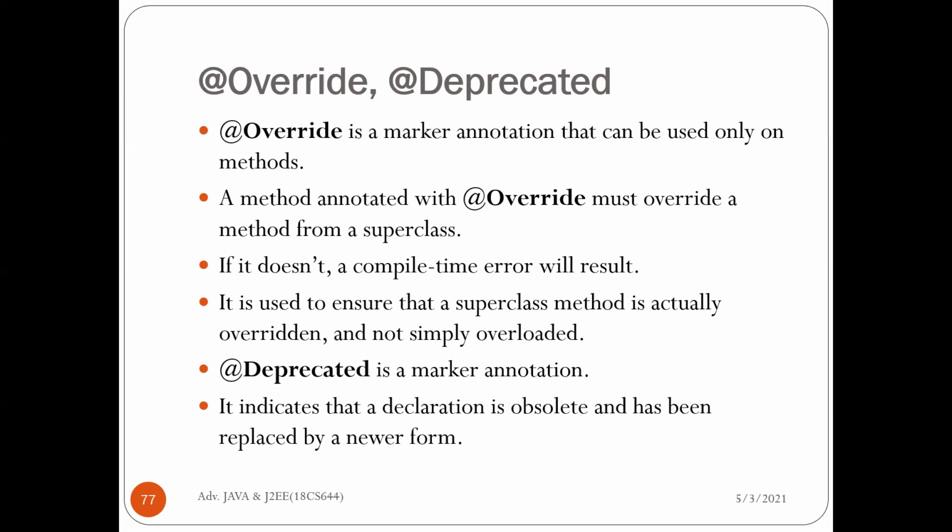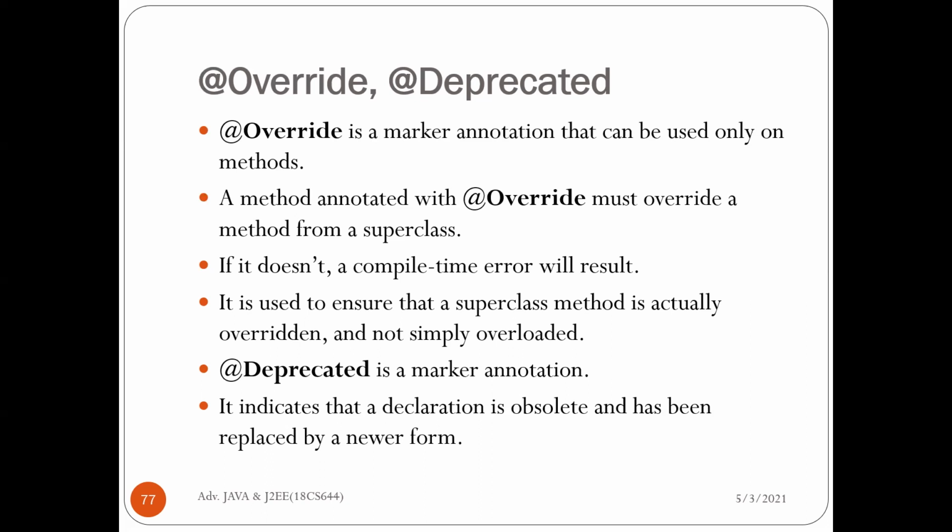It is overriding and not overloading. There is a difference between overloading and overriding. In overloading, the name of the function will be the same, whereas the number and type of the parameters will be different. Whereas in overriding, both the name and the function signature will be the same.